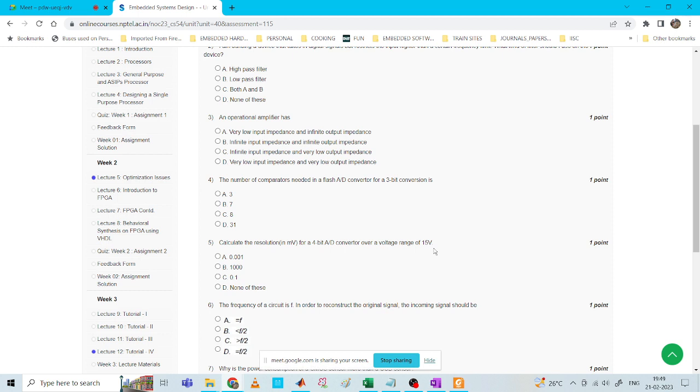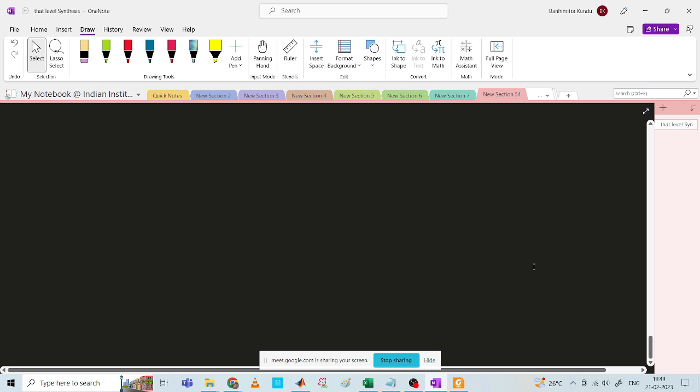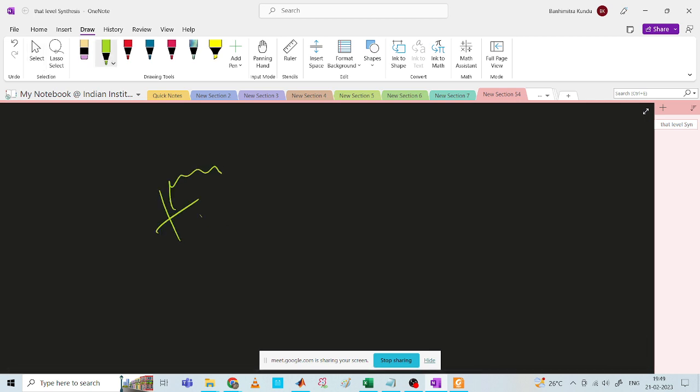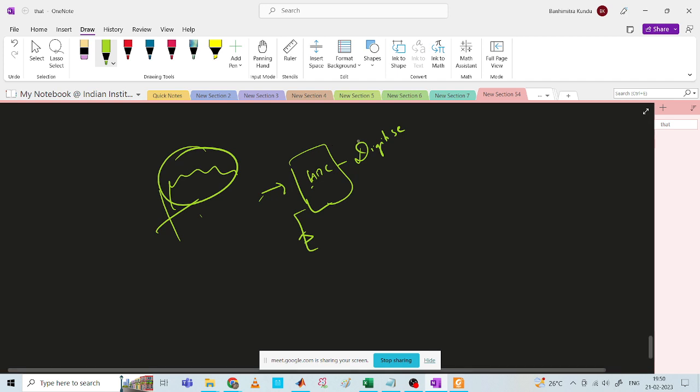Sir, can you explain the Nyquist criteria, sir? Yeah, Nyquist criteria is, let's say you have a signal. If you want to digitize the signal, it has to come through an ADC. So at what rate does this ADC sample the signal such that the digitized signal will actually replace the analog signal?